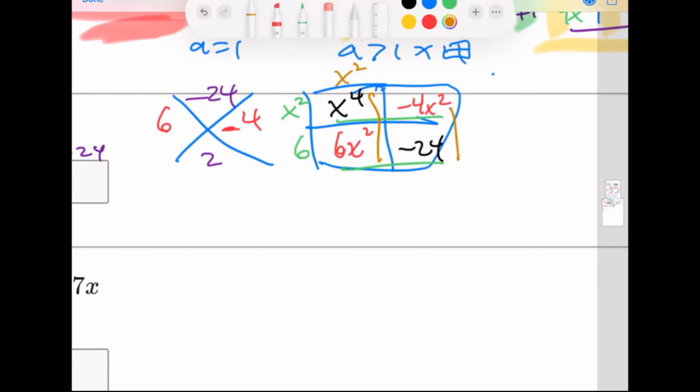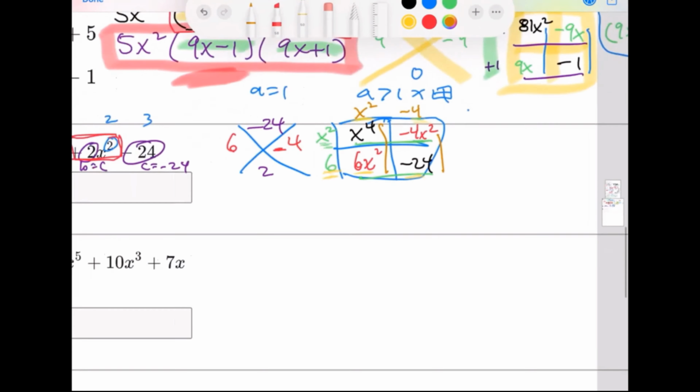Greatest common factor, I think it'll be a negative 4. All right, let's double check our answer here. x squared times x squared equals x to the 4th. x squared times negative 4 is negative 4x squared. x squared times 6 gives us 6x squared, and 6 times negative 4 gives me negative 24.